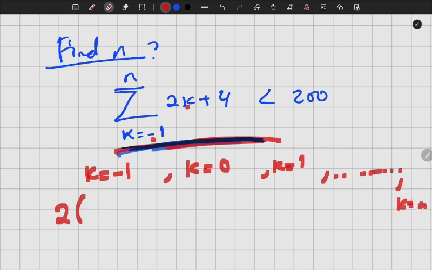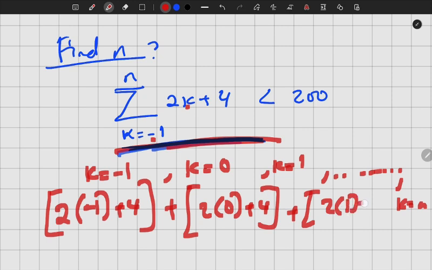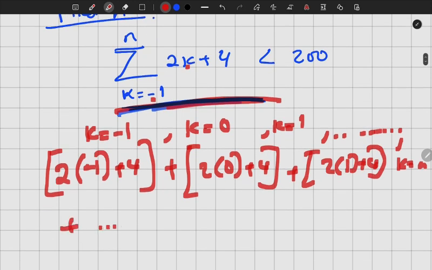So here you would have your -1 times 2 plus 4, that is your t1, plus your t2 would be 2 times 0 plus 4, your t3 would be 2 times 1 plus 4, and there are some terms here. The last one would be 2n plus 4.